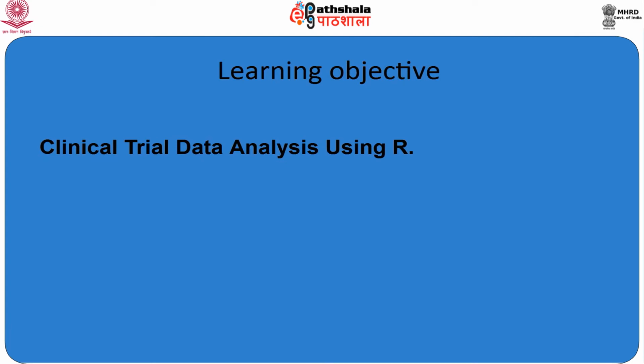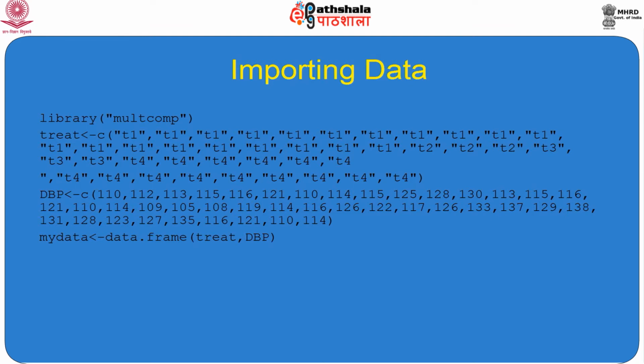Now here we will see how to do clinical trial data analysis using R. In a clinical trial, more than one treatment is given to the patients in different arms, and after giving the treatment, the effect is compared in terms of parameters observed. This is the example data, and the analysis here we will perform using the library called multcomp for multiple comparison.